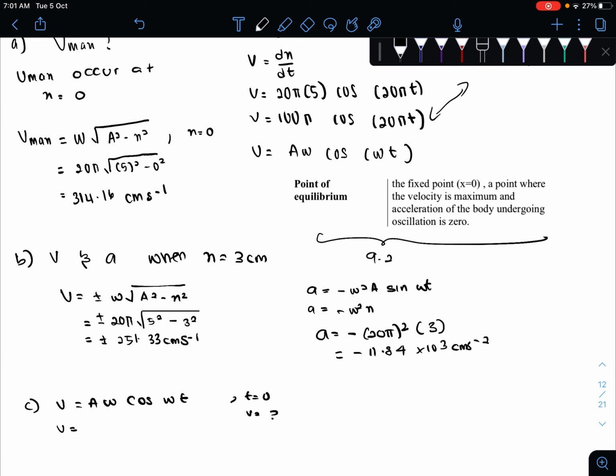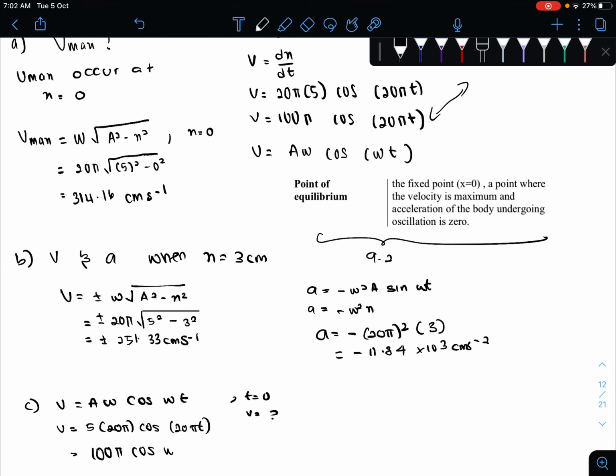Okay, so we know V is, what was our A earlier? 5, omega is 20 pi, cos omega T, omega here is 20 pi T. And as you can see, we actually already have it here. This is what your equation is all about.